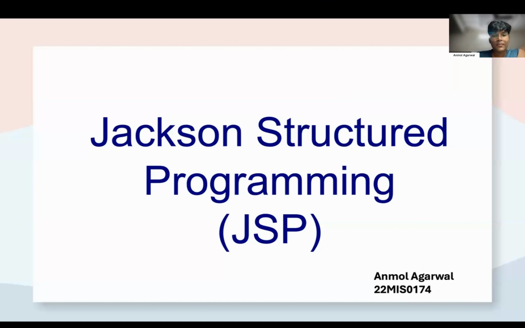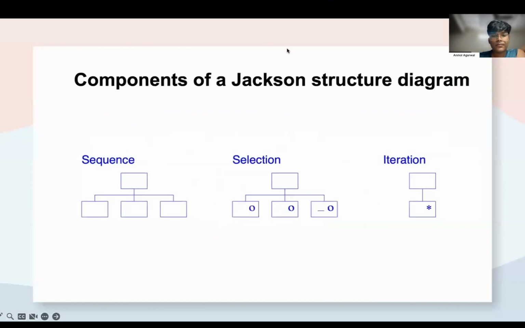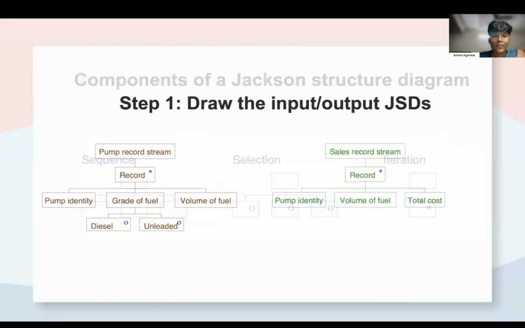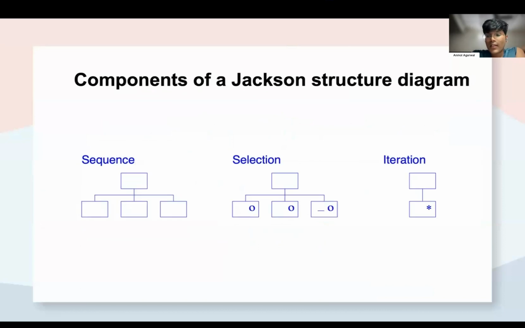Jackson structure diagram. So basically, there are three components of a Jackson structure diagram: sequence, selection, and iteration. There are several rules for drawing a diagram. Sequence is represented by unmarked boxes and runs from left to right.